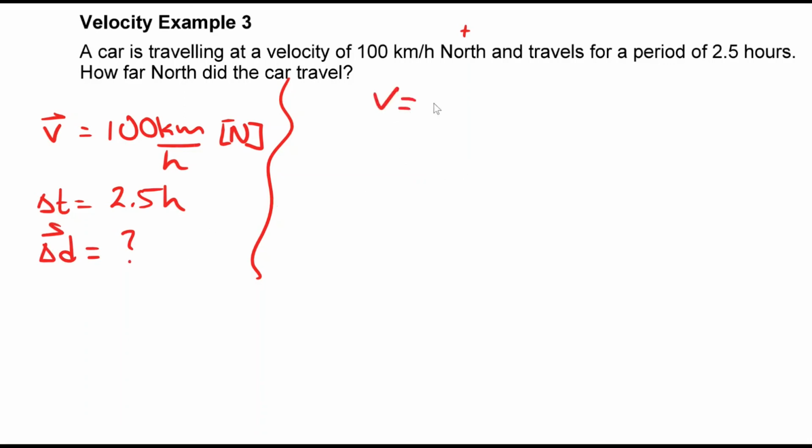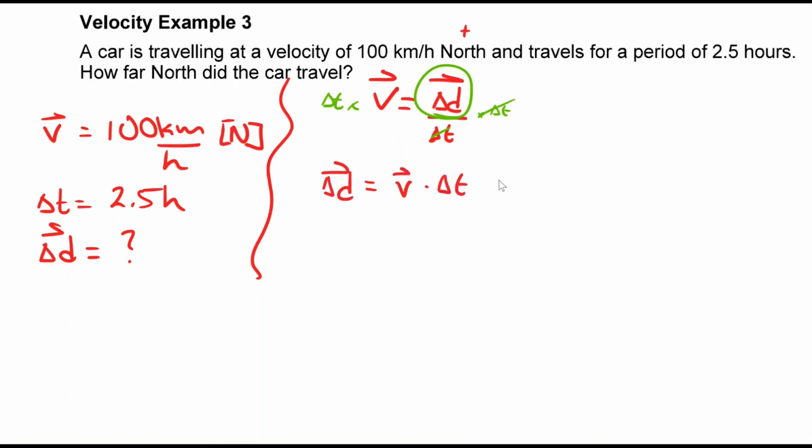Okay, v equals delta d over delta t. If I want delta d, I've got to multiply by delta t, multiply by delta t. So it disappears from the right side. It shows up on the left-hand side. So displacement is equal to v times delta t.